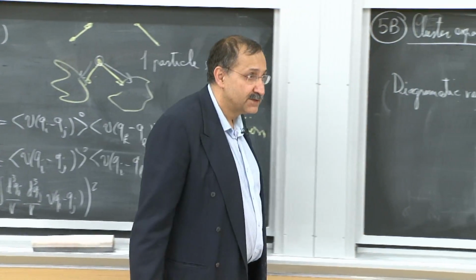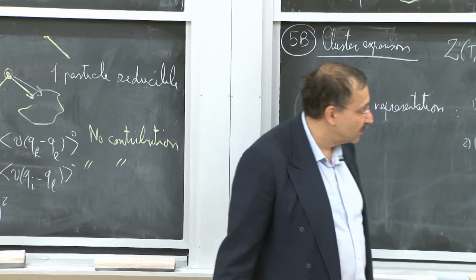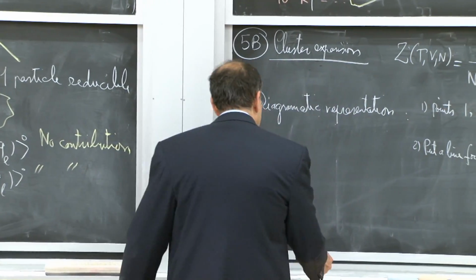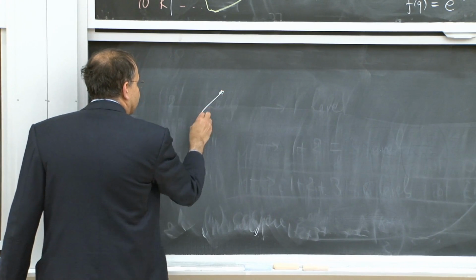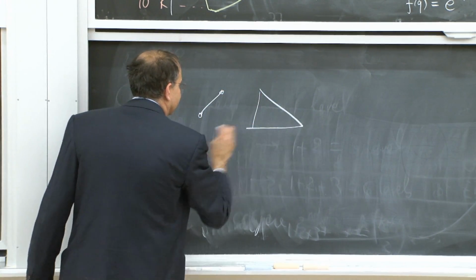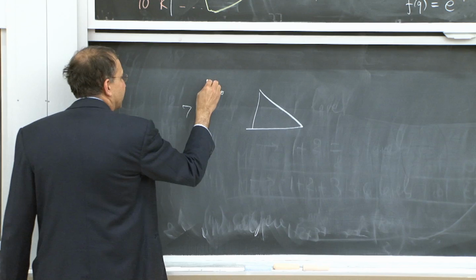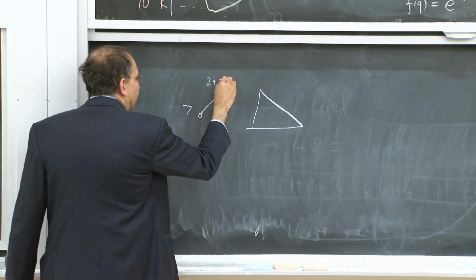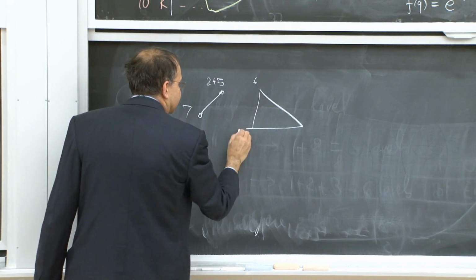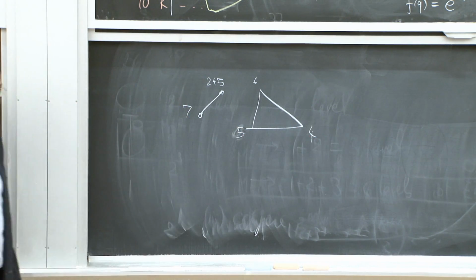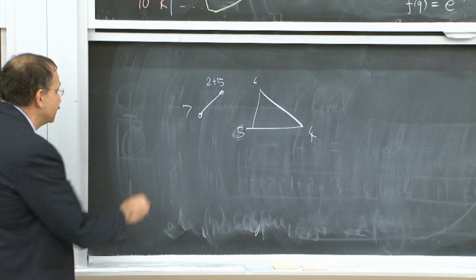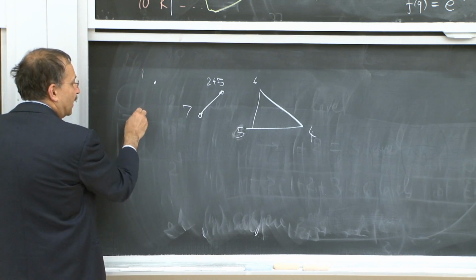So, yes? Can you explain that? Okay, so let's pick a particular thing. Let's say we do something like this, where this is number 7, 2, 4, 5, 6, 5, 4. Okay? This is a particular thing. So what do I have to do? There's also a whole bunch of points, 1, 2, 3.